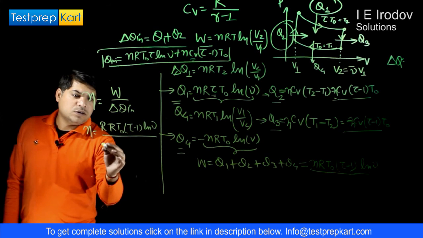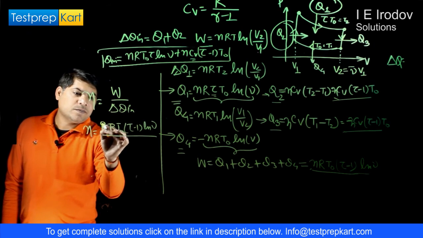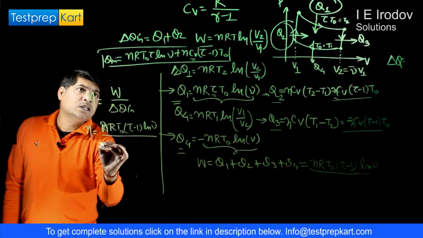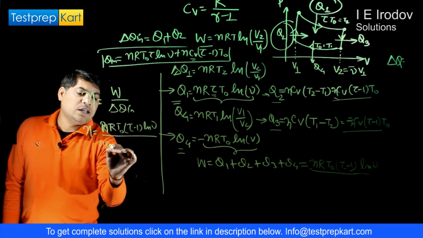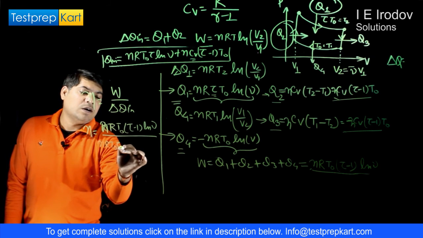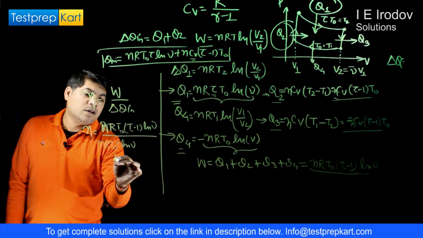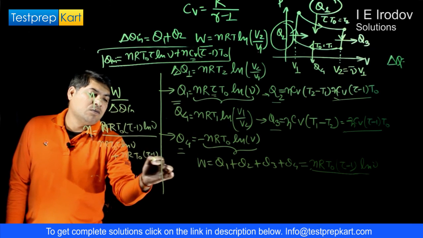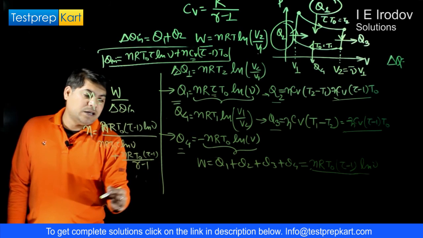So the denominator is nRT naught tau ln V plus nRT naught tau minus 1 upon gamma minus 1.